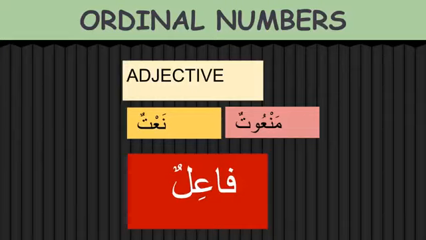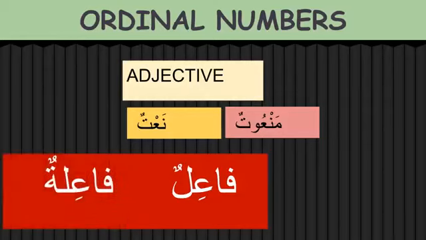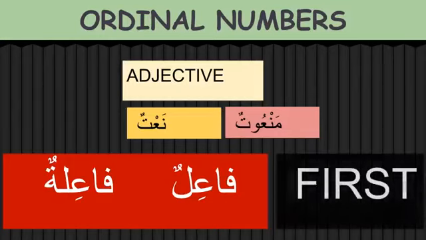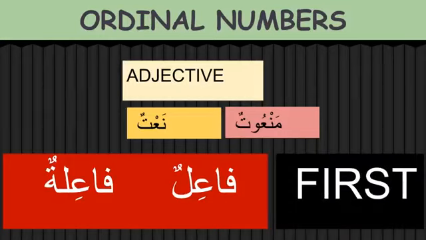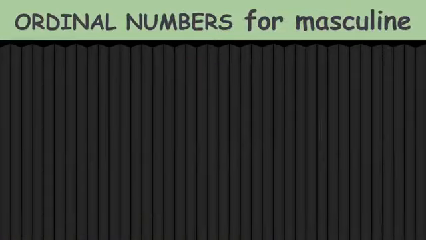The ordinal numbers come in a pattern of fa'ilun for masculine nouns and fa'ilatun for feminine nouns. So that's the pattern, except for the number 1, which is first, which is an irregular number, and we'll see how it is constructed. So going to the masculine nouns, how do we say first book or first boy?